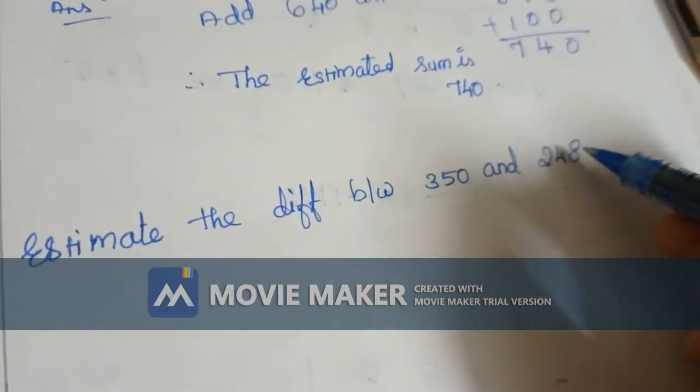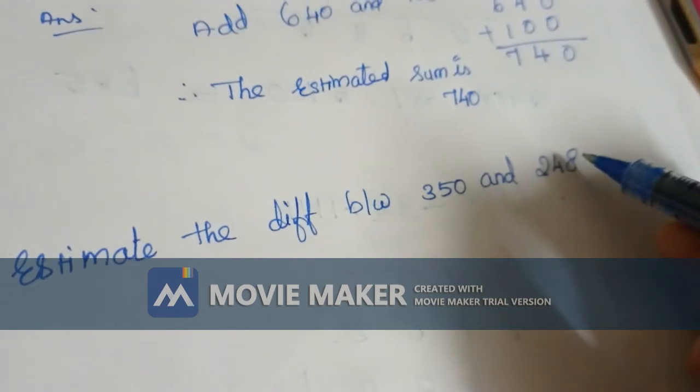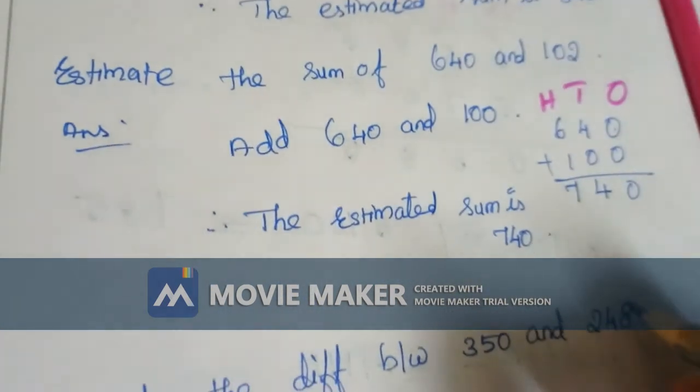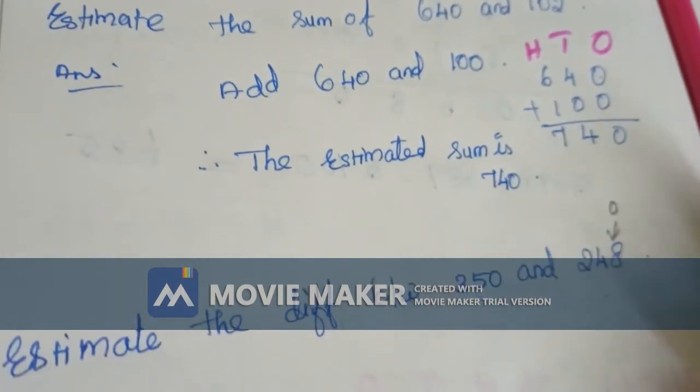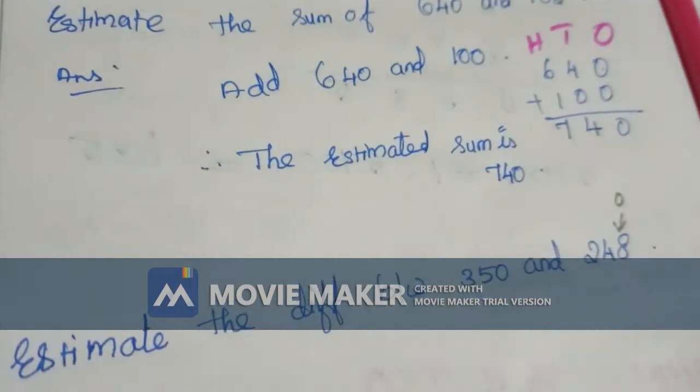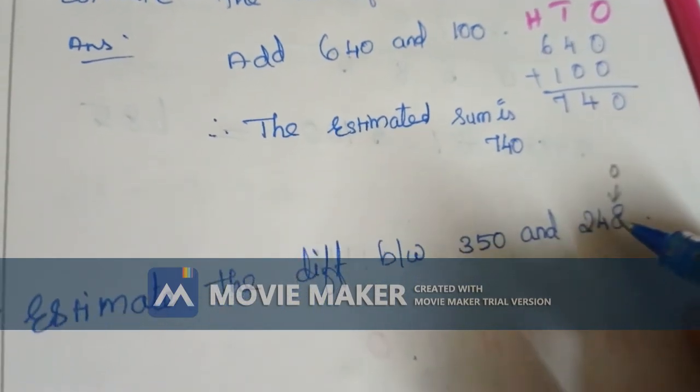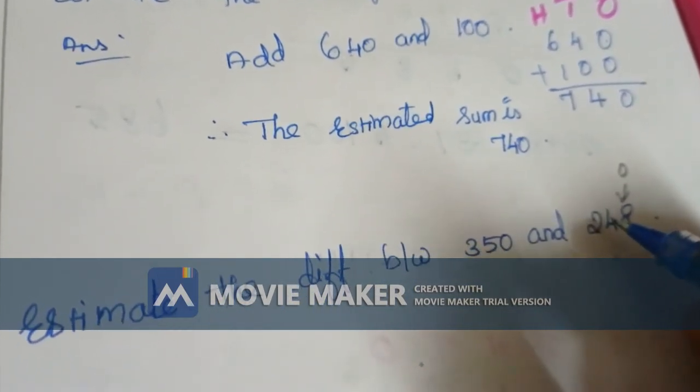The 248 is close to, you have to make the ones place value 0. So the 248 is close to 250.